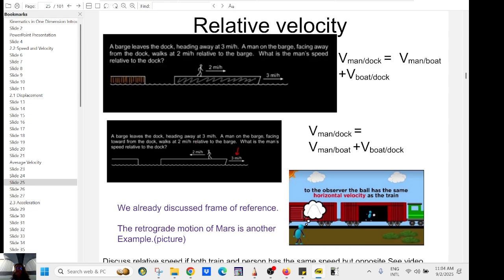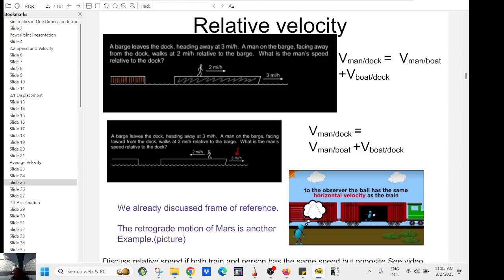So man relative to the dog equals man relative to the boat, and the boat relative to the dog. Man relative to the boat is just 2. Boat relative to the dog is just 3. So plus. Yes, the slash, exactly. That's just a trick. Thank you. Now I understand.